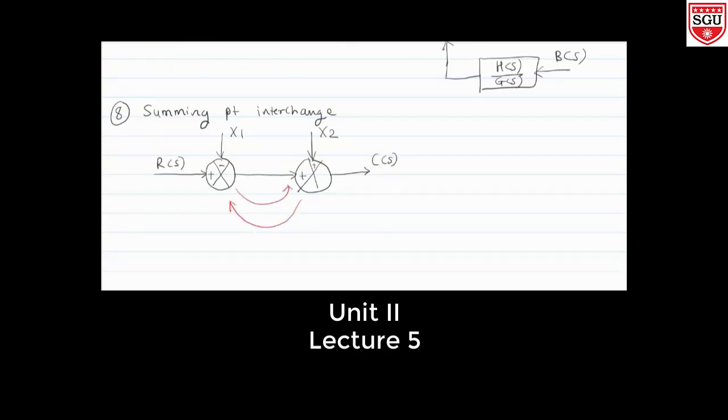So it is simple, don't think much, we only have to redraw as per their signs. Here positive will be there, and here x2 will come, and from that there will be another summing point where positive negative will be there, and here x1 will be there.